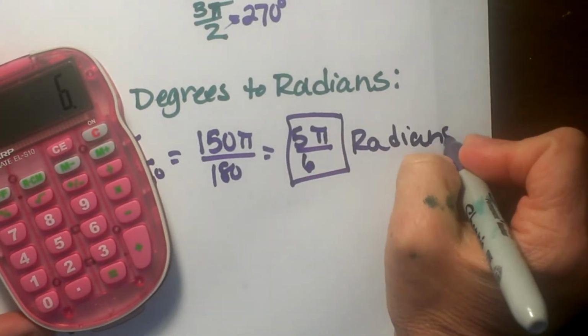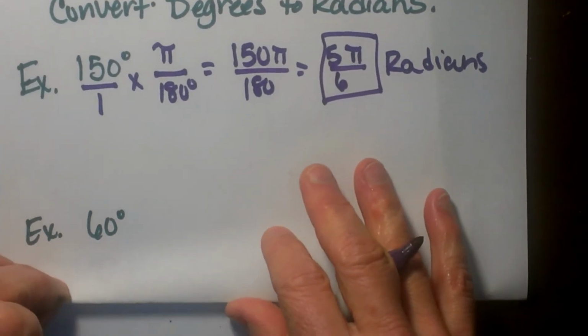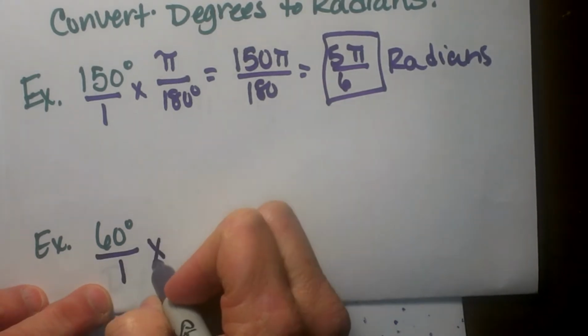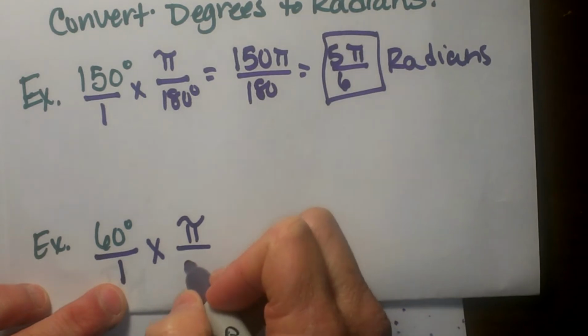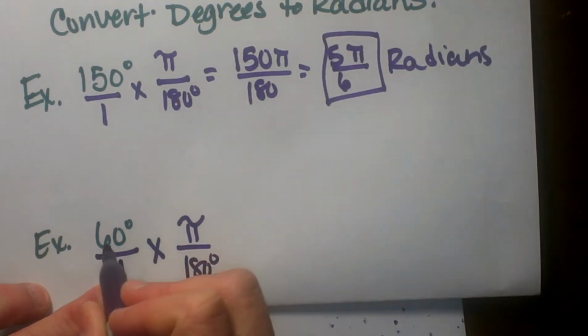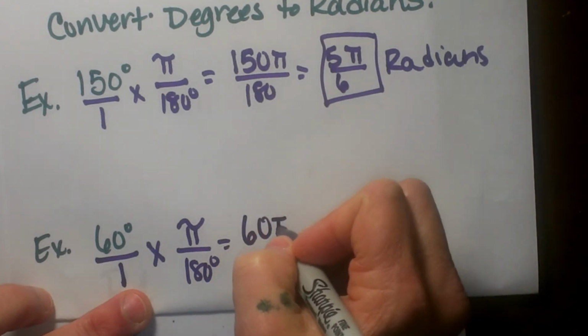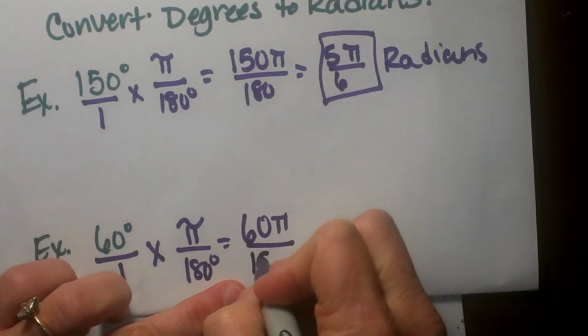Okay, so let's look at one more of those. Let's take this 60-degree angle, and I'm going to take 60 degrees over 1, and I'm going to multiply it by this ratio, which is equal to 1 because we're just converting. So 60 times pi is just 60 pi, all over 1 times 180, and that's 180.